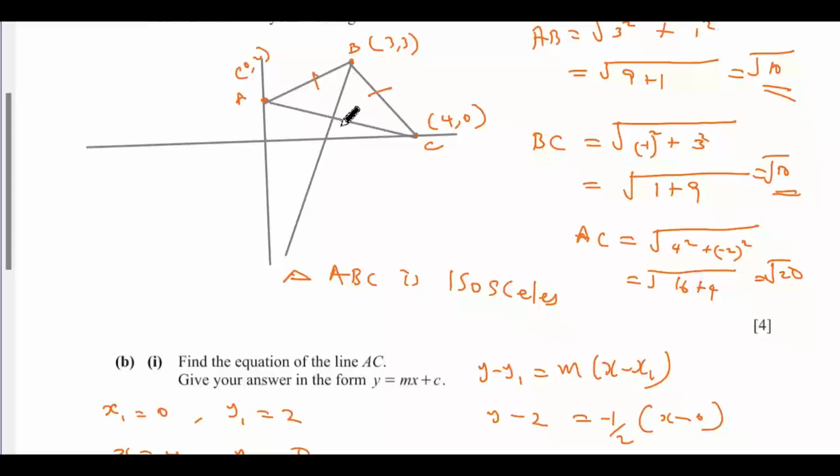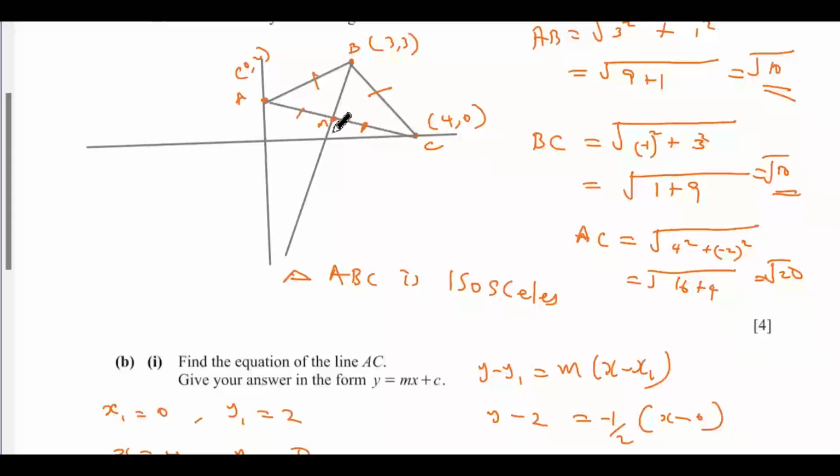That will be the perpendicular bisector of AC. So it is important for us to get this now. At this point, we can call this point M. That means AM and MC will be equal. That is the implication, because this is going to divide it into 2 equal halves.